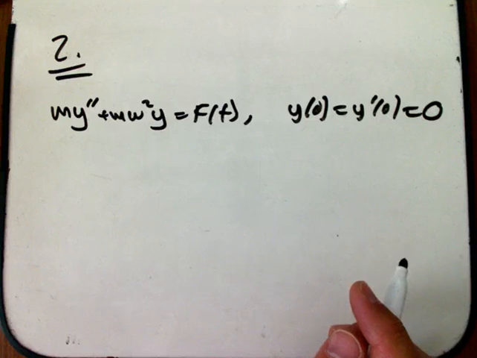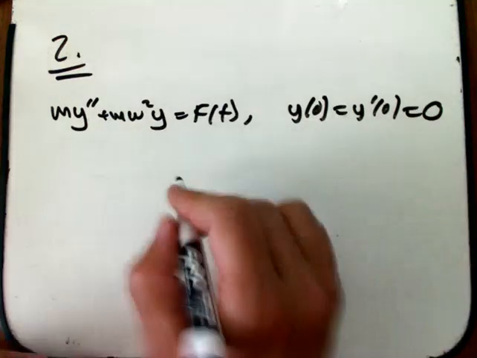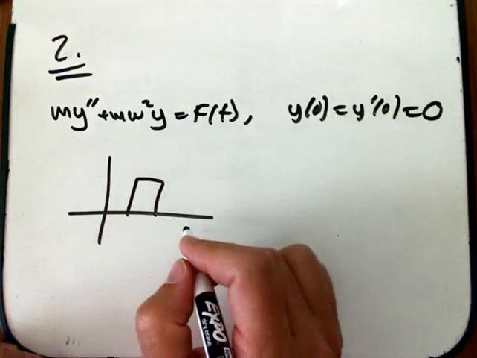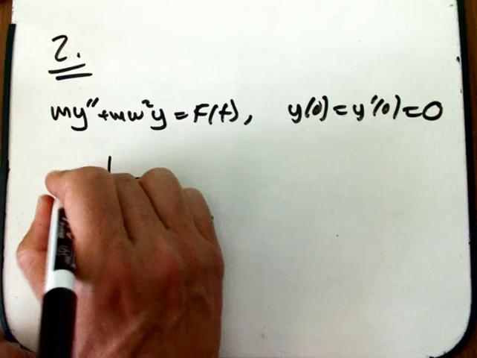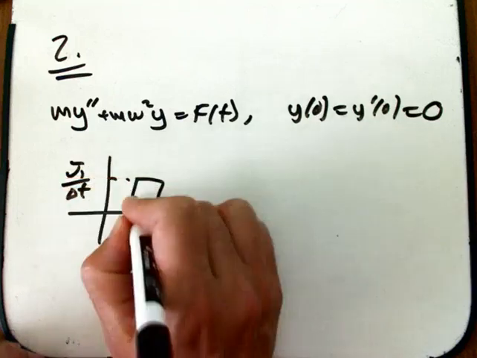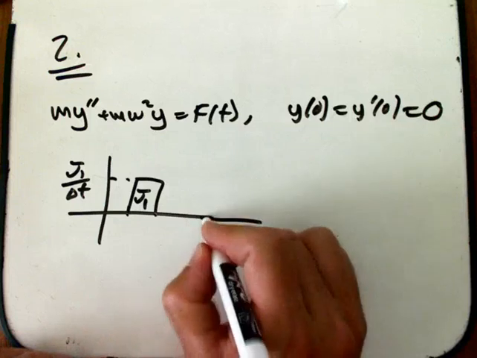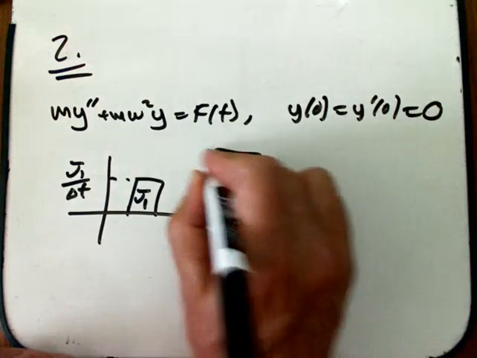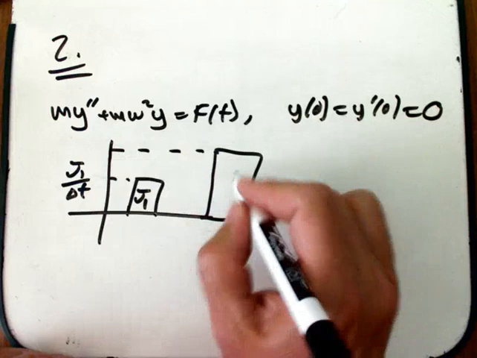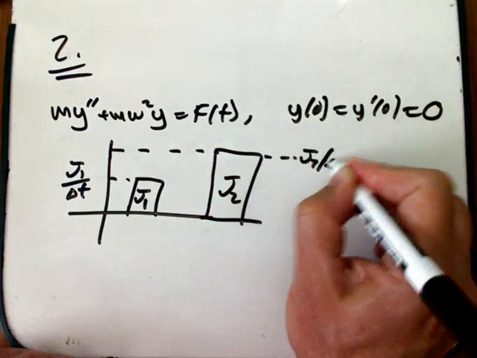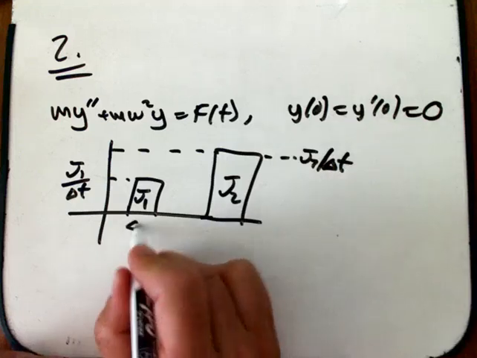But we're hitting it with 2 pulses, like here, and we're going to have the area inside it, the impulse, be J1, and then later, maybe a bigger impulse, J2. So this height is J2 over delta t. And just to be simple, we'll have them have the same width.